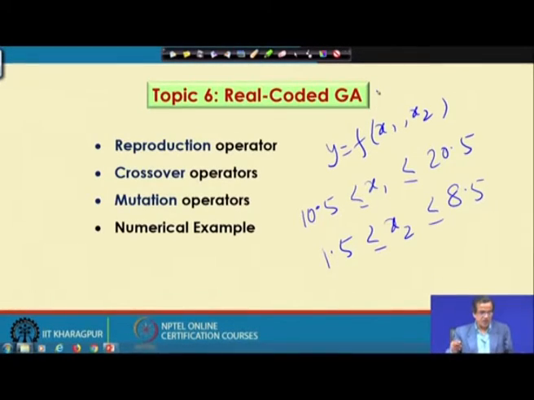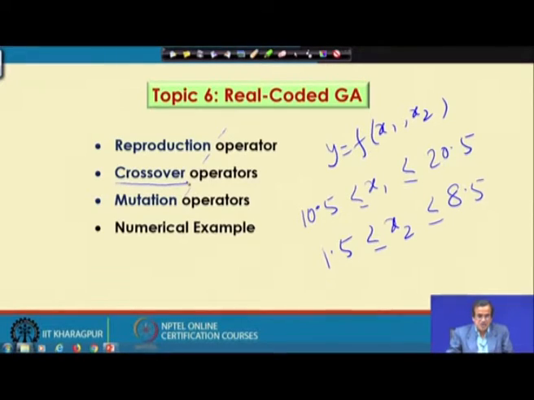Here, we take the help of the same set of operators: reproduction, crossover and mutation. Generally, we use tournament selection as the reproduction operator for this real coded GA. Now, let us concentrate on the crossover operator. If you see the literature, we generally use different types of crossover operators in real coded GA.